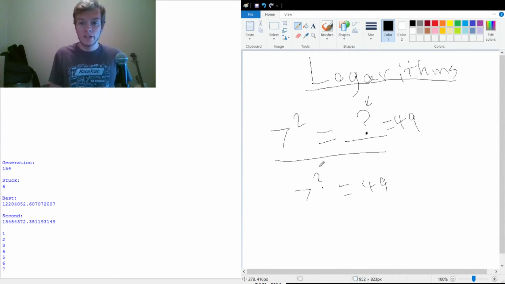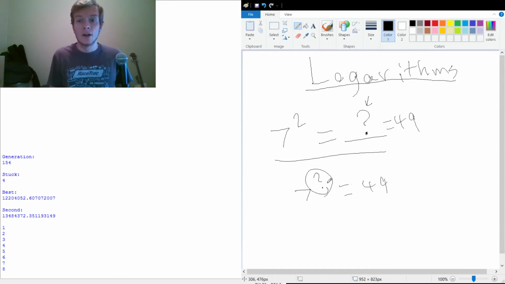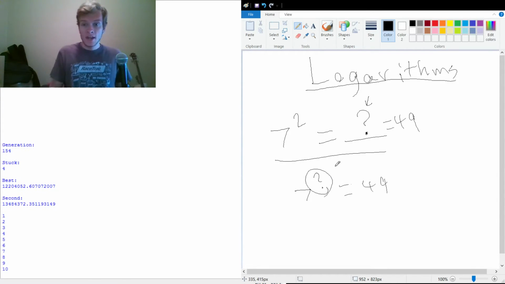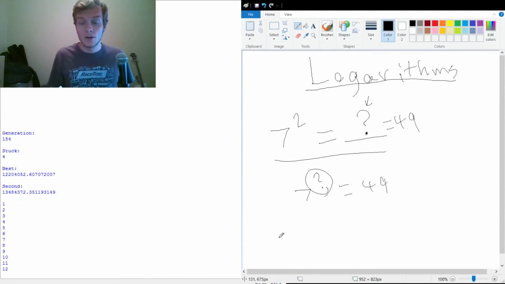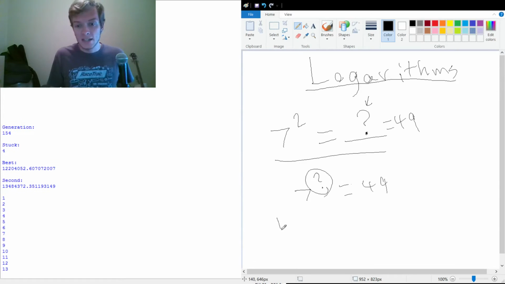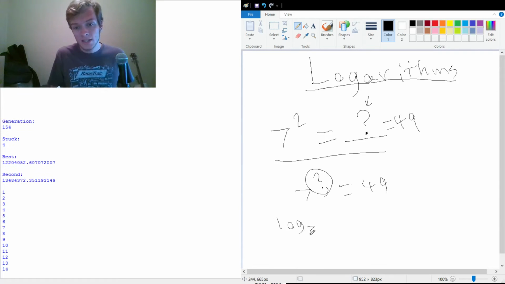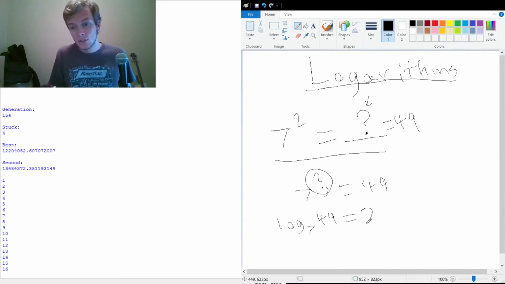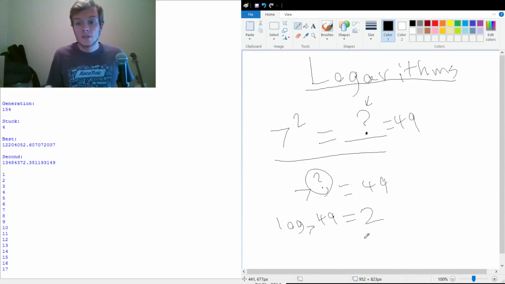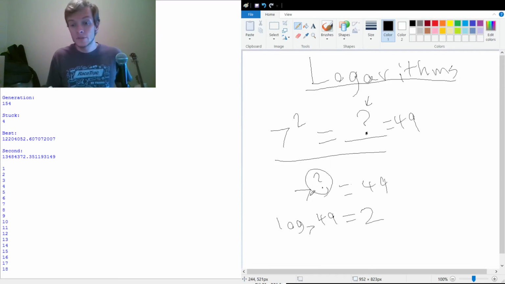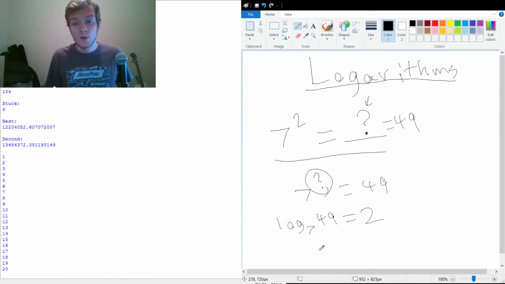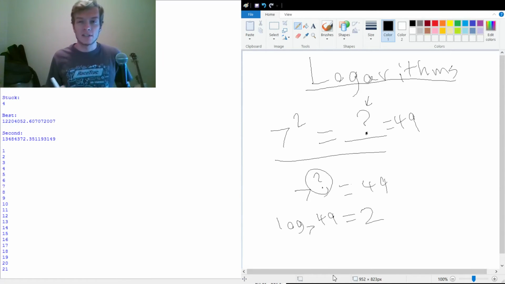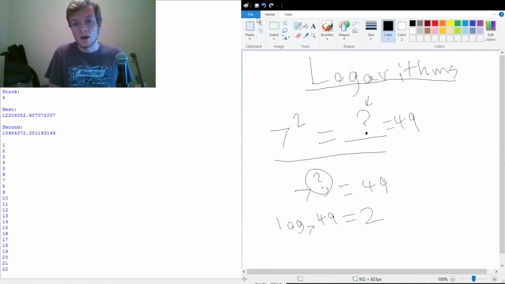The answer we're looking for is actually the power that we're dealing with. The way this problem would be written in logarithmic syntax is log base 7 of 49 is equal to 2. This means that 7 to the power of 2 equals 49. It's the same thing as the equation up here, but a little backwards, and that seems to be where people tend to trip up.